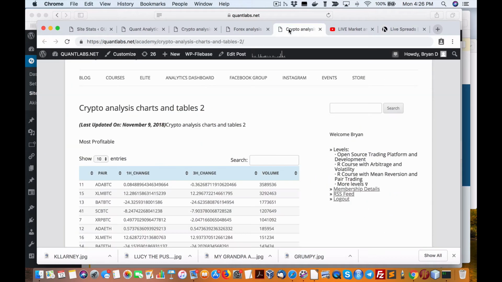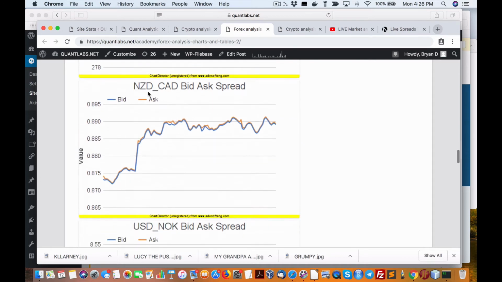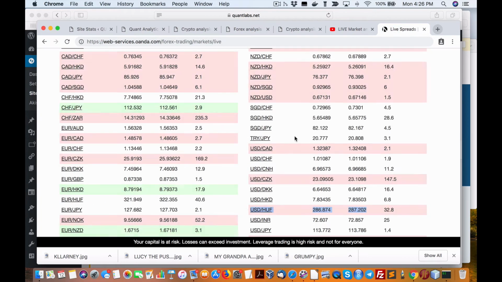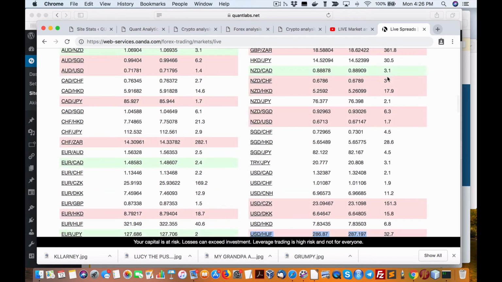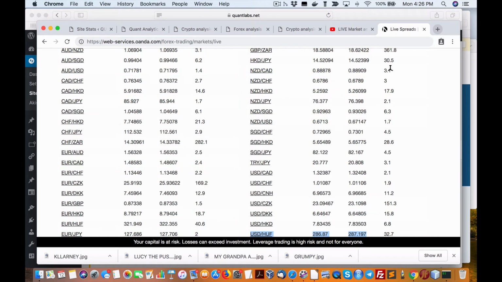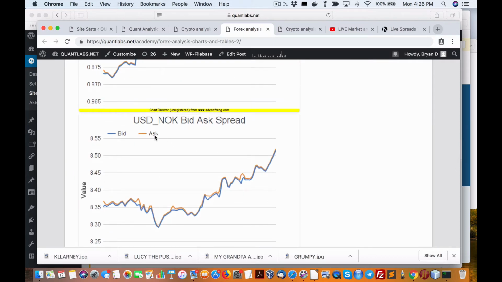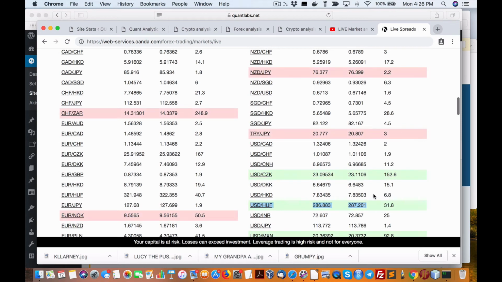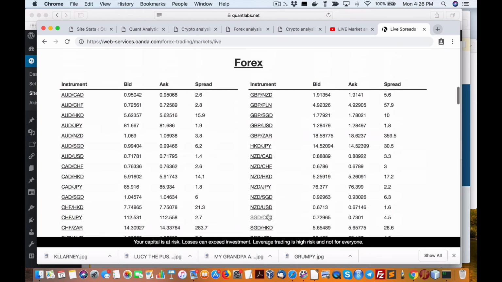So that may be worth taking on. The other ones here, okay, New Zealand Canadian dollar. There's a bit of a spread here. This one has been fairly strong for a while. Yeah, that's a pretty minimal cost, 3.1. Let's see what else is there. Norwegian, or the USD Norwegian. USD, where are you? Norwegian.